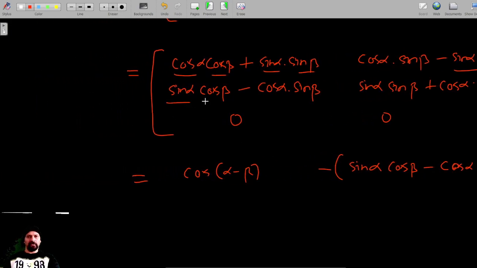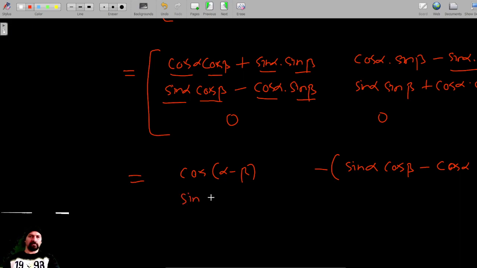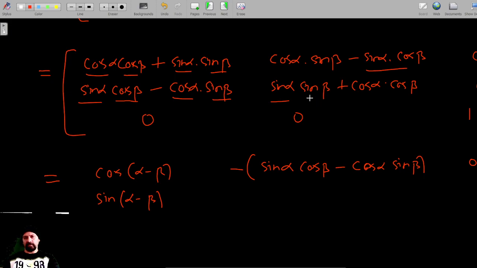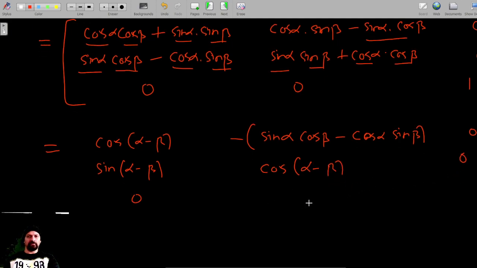Now this is sine A cos B minus cos A sine B, which is sine of A minus B. Sine A sine B plus cos A cos B, which is cos of A minus B. This is 0, 0, 0, and 1.